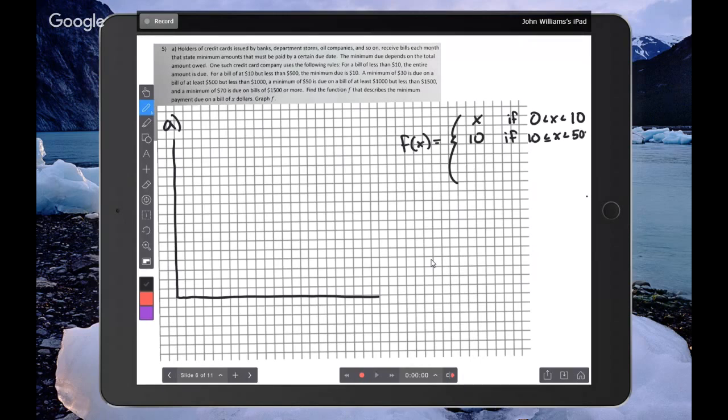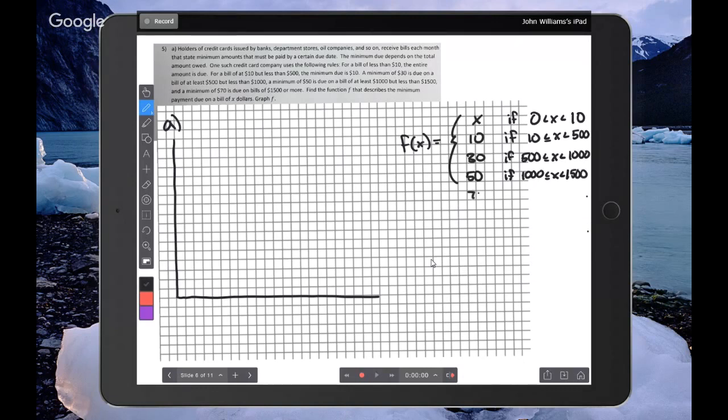And minimum due is 30 if we're between 500 but less than 1,000, then 50 is due if we're between 1,000 but less than 1,500.